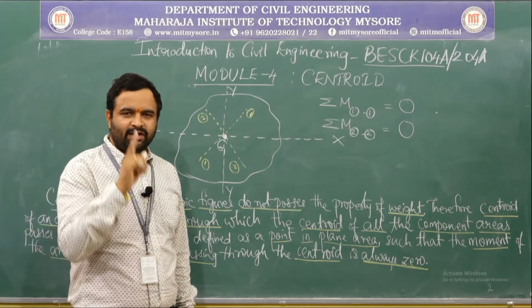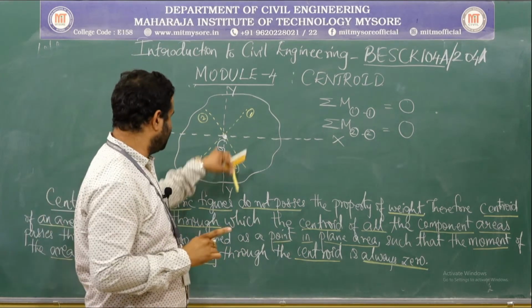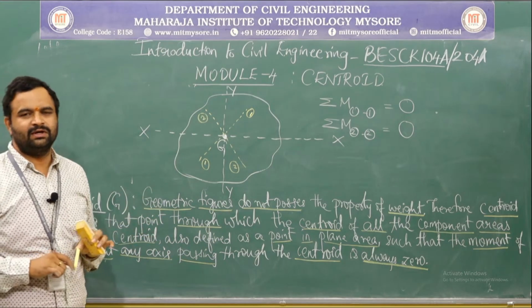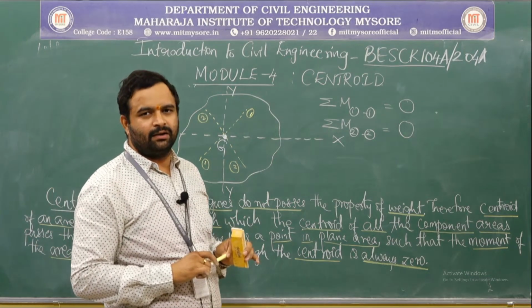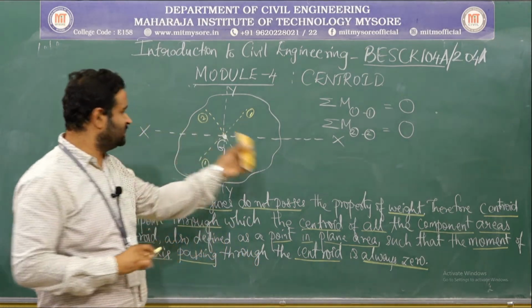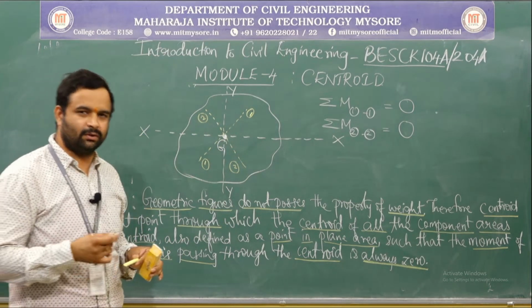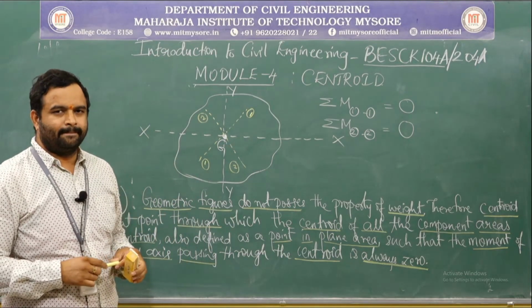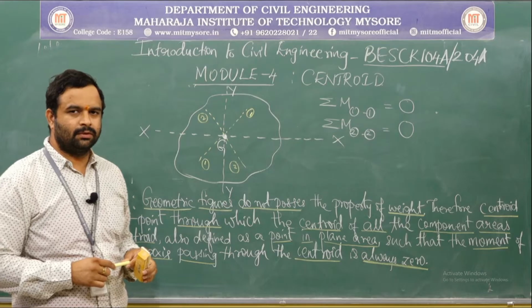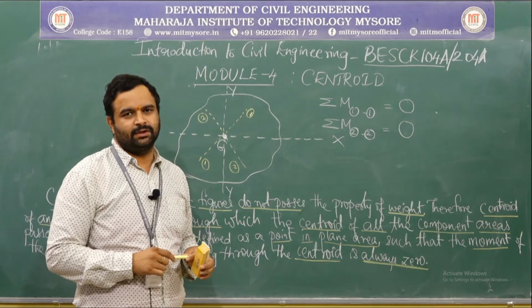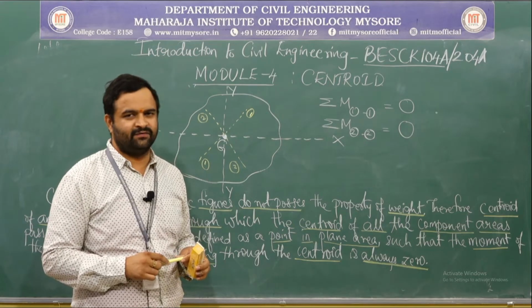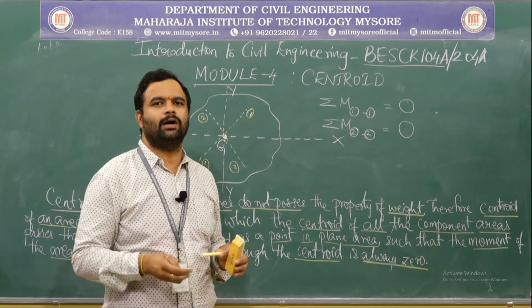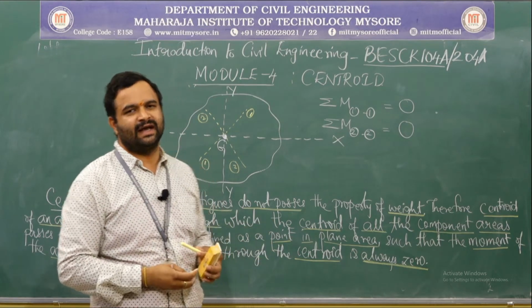So, the moment of an area with respect to its centroidal axis is 0. Okay? Clear? This is always taken up only for geometrical figures or plane figures. Now, let us try to understand how the centroid of an area is calculated.